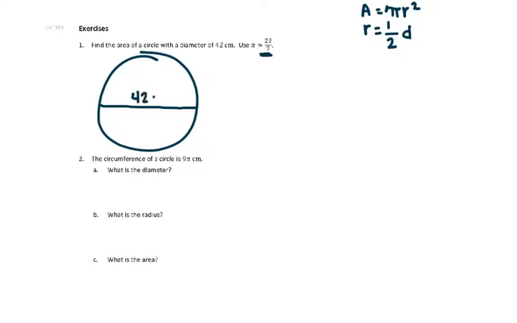They're telling me that the diameter of my circle, the entire distance across my circle, is 42 centimeters. I want to know halfway across my circle. So I'm going to do this in 2 ways. I could either multiply the diameter by 1/2, so 1/2 times 42, or I could divide 42 by 2.